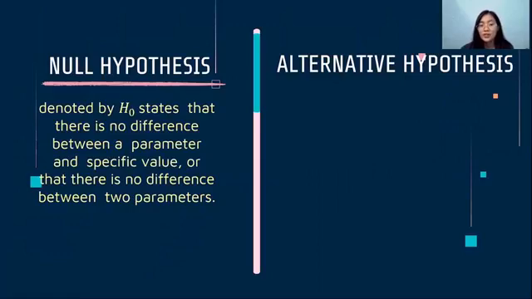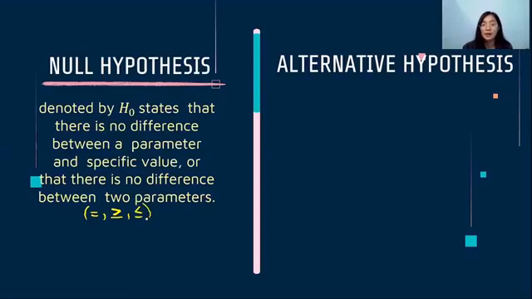It states that there is no difference between a parameter and a specific value, or that there is no difference between two parameters. We use the symbols equal to, greater than or equal to, and less than or equal to.